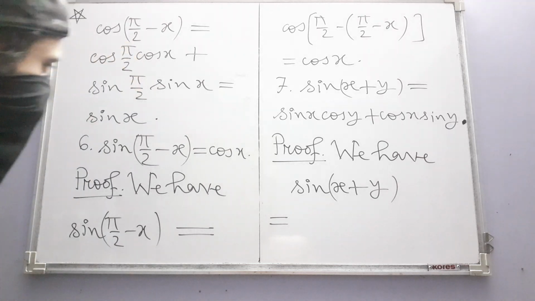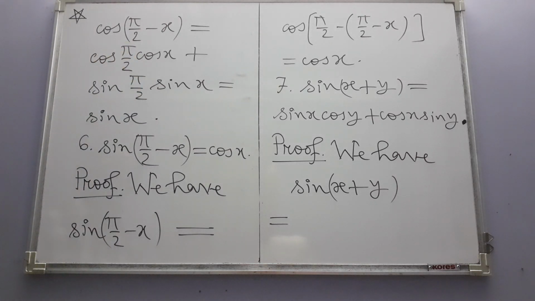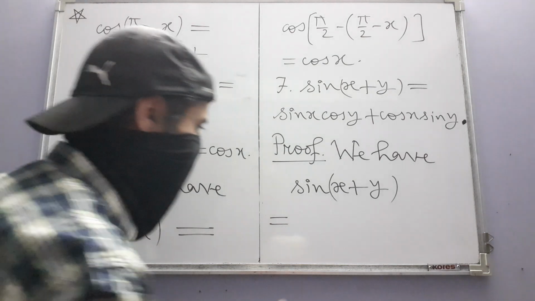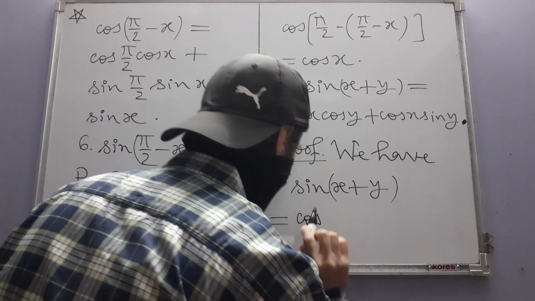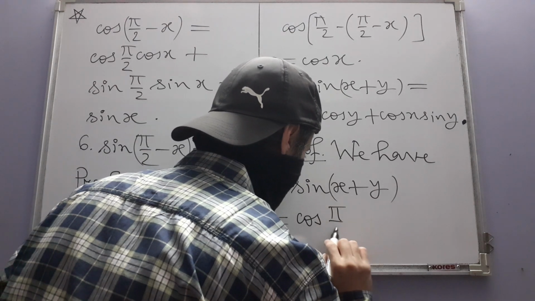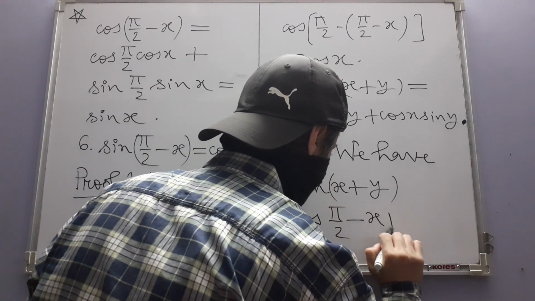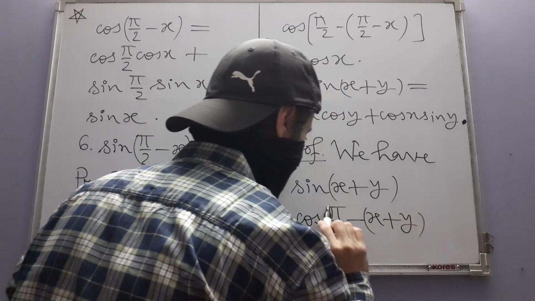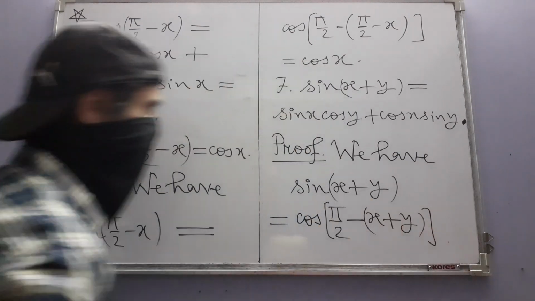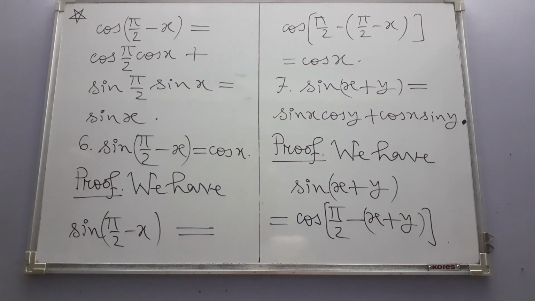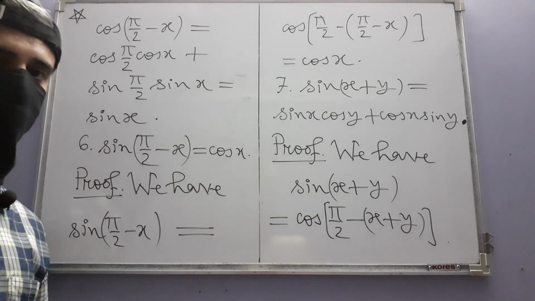Okay. So what we can do here is we can write in place of sine, we can write cos, and we can write this. So we are using the fifth formula here.